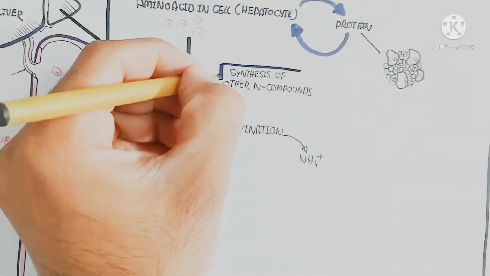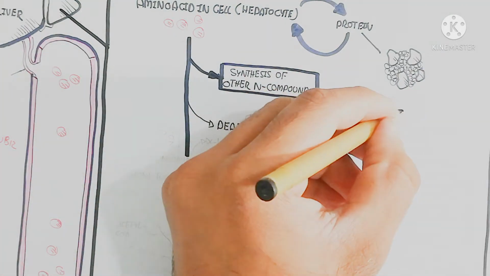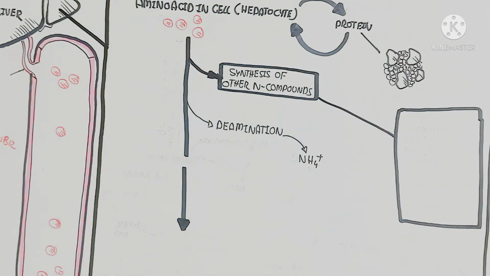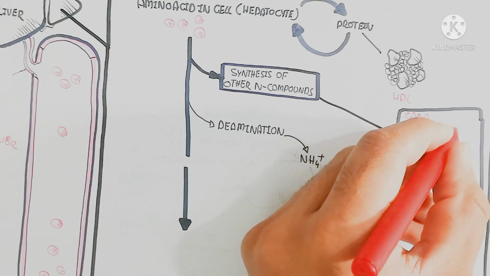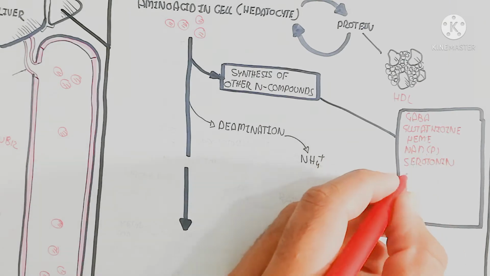So the amine group will be separated, and this amine group is used for another mechanism, or it goes into the urea cycle. Here is the synthesis of other nitrogen containing compounds.